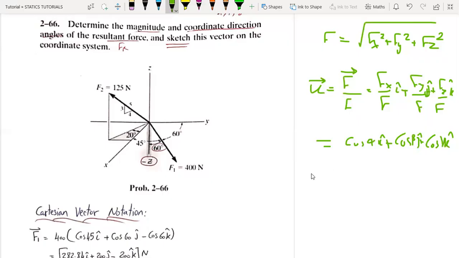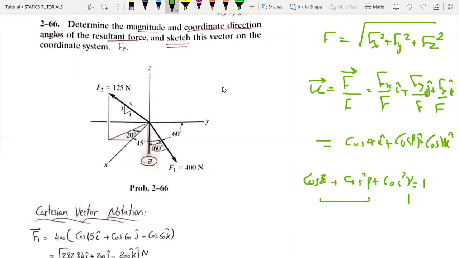Also here's an important relationship: cosine squared alpha plus cosine squared beta plus cosine squared gamma equals 1. So if one angle is missing from this equation, we can find the third angle and then complete our solution.